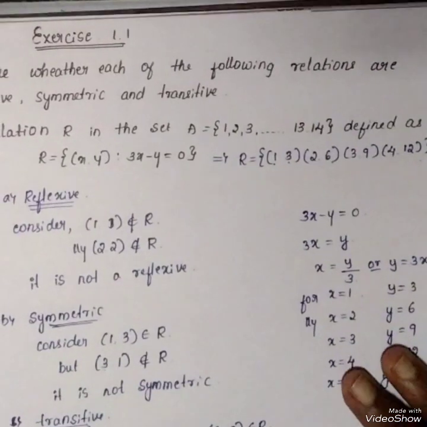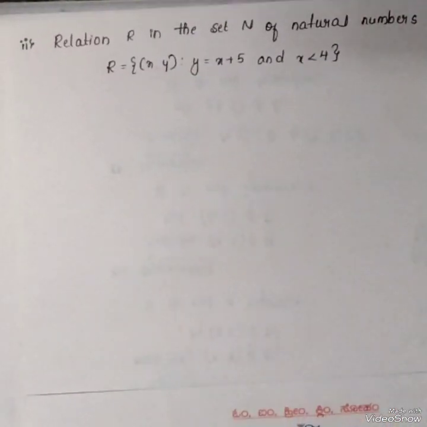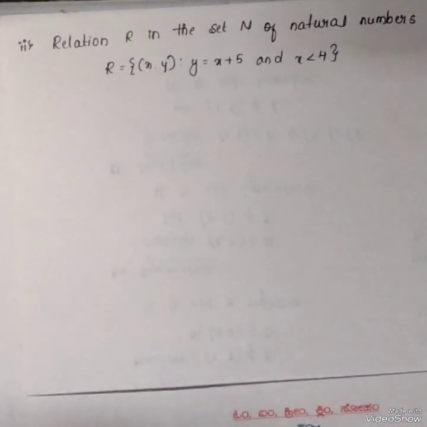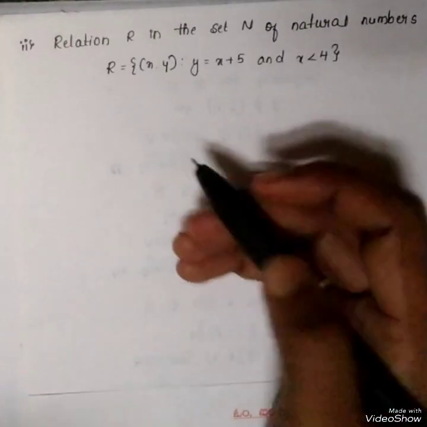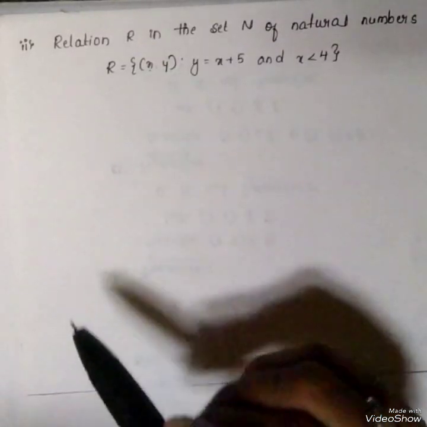Next, we will discuss the second question. Relation R in the set N of natural numbers is defined as R equals {(x, y) such that y equals x plus 5 and x is less than 4}. What are the ordered pairs (x, y)?